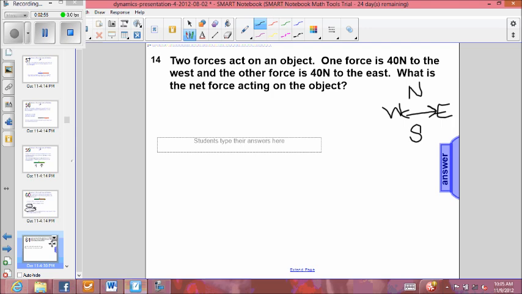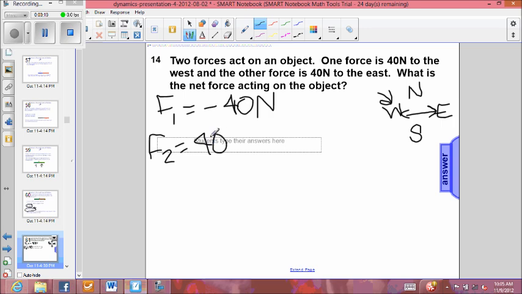Our first force is 40 newtons to the west, and if we look at the number line up here, we can say that our F1 equals negative 40 newtons, since west is negative on this number line. And we could say our F2 is equal to positive 40 newtons.